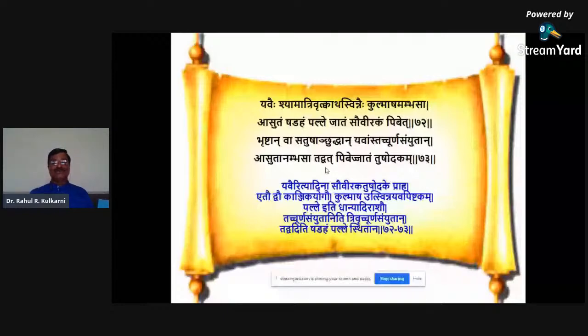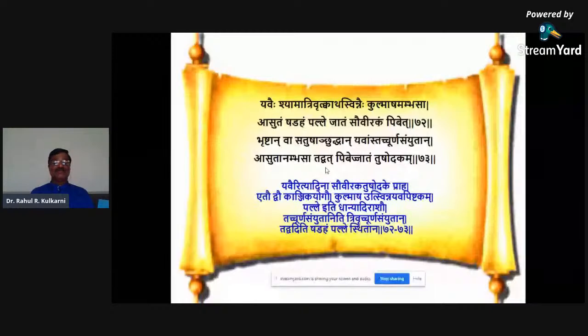But now this savviraka preparation along with shyama trivruk, we have to add the shyama trivruk patha and the jala. They have to be boiled together. When the proper reduction happens, it has to be strained and subjected for sandhana for 6 days. Shadaham palle means it has to be kept in dhanya rashi. So after 6 days, the savviraka is properly formed and that savviraka has to be removed and administered.